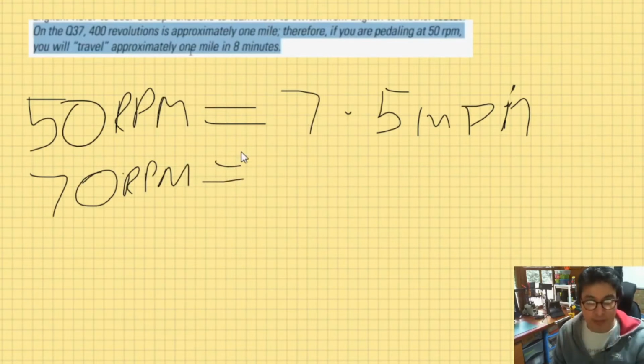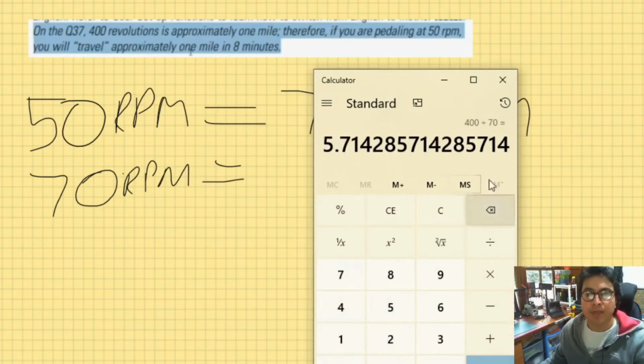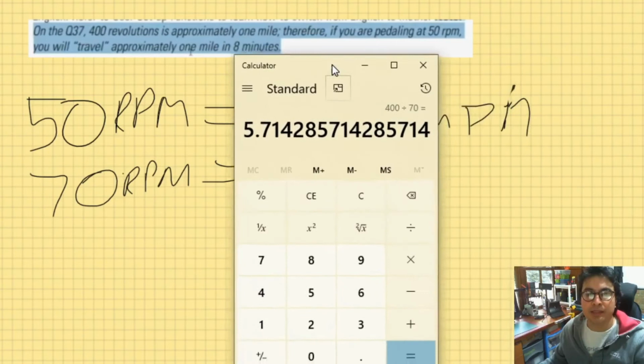Just going back to the extract from my manual, the way they worked out the 8 minutes was they simply divided the 400 by the 50 RPM. So in this instance we are going to divide 400 by 70, and this time we get 5.7.